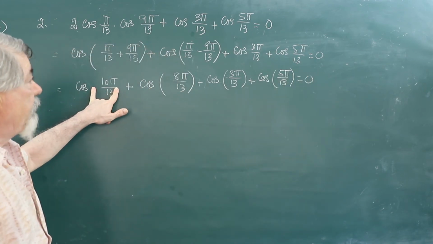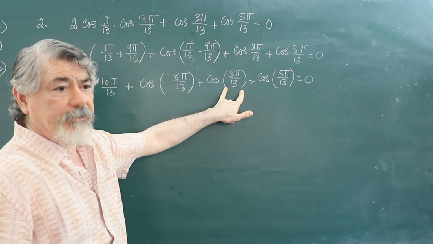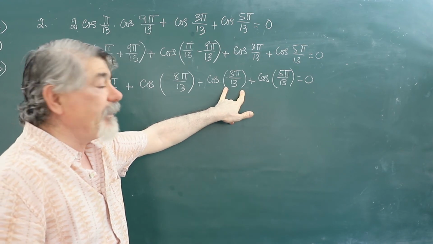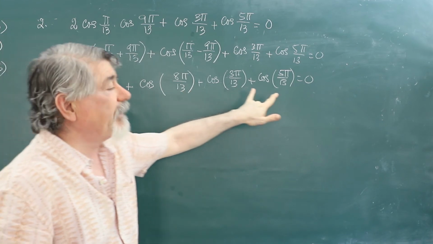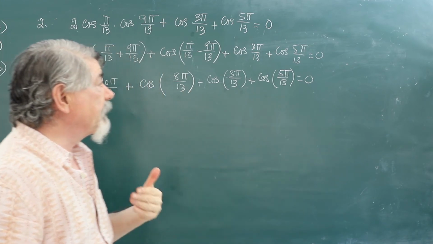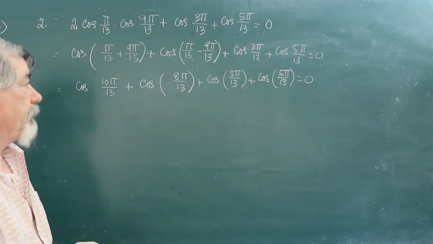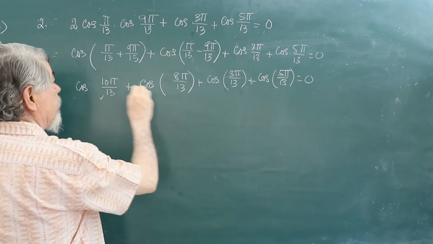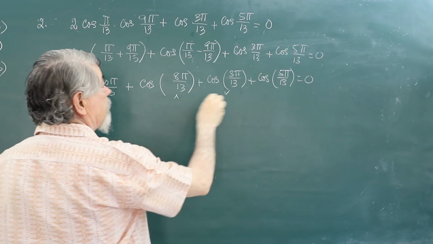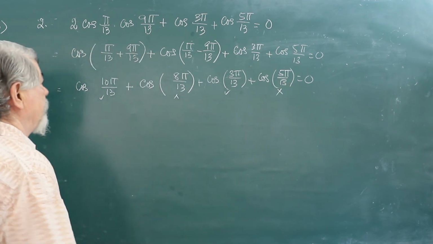Now 10π/13 plus 3π/13 will become 13π/13. 8π/13 plus 5π/13 will become 13π/13. So let us combine this and this, and this and this.